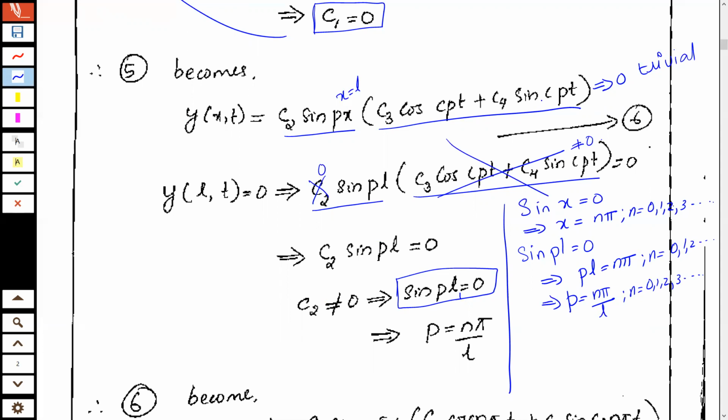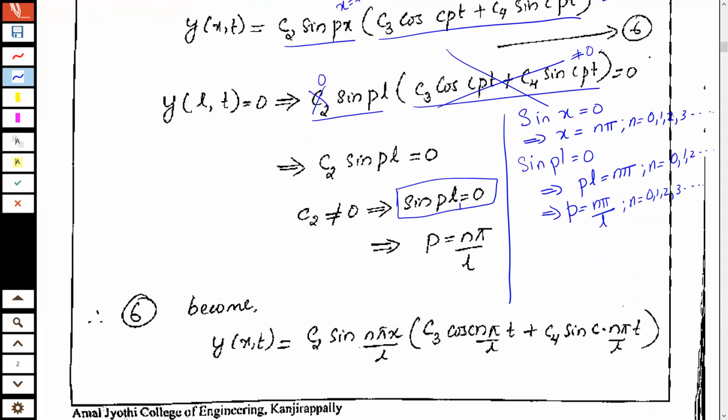Our solution in equation 6 reduces to y(x,t) = c2 sin(nπx/L) (c3 cos(cnπt/L) + c4 sin(cnπt/L)).